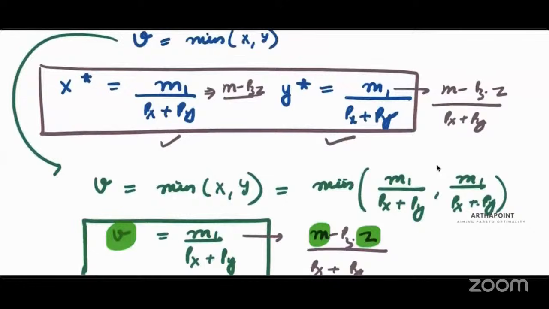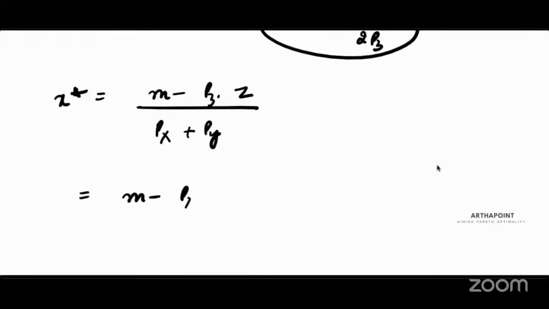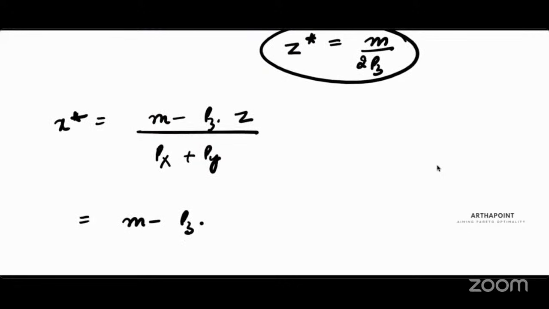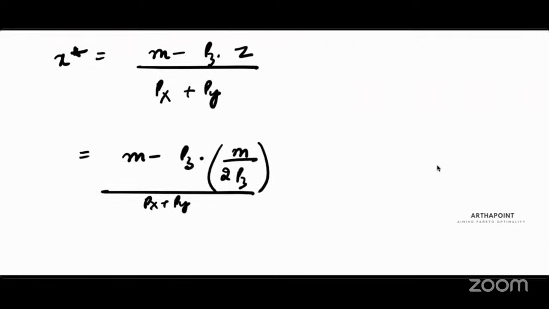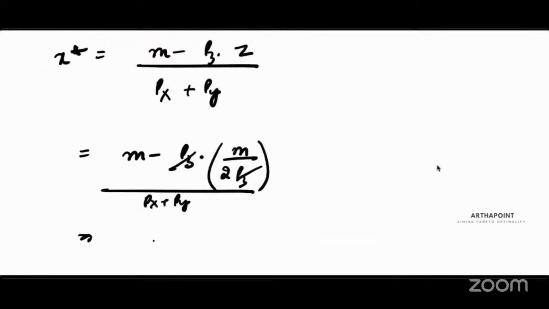M minus P3Z upon Px plus Py. So X star will be M minus P3 into Z upon Px plus Py. Instead of Z, I will write M by 2 P3, so your X would be M upon 2 Px plus Py. This will be your X star.